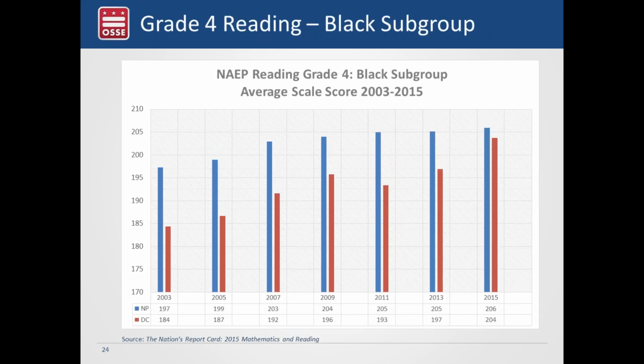In reading, the 4th grade Black students that took the reading assessment have nearly closed the gap with other 4th grade Black students that took the reading test across the nation.